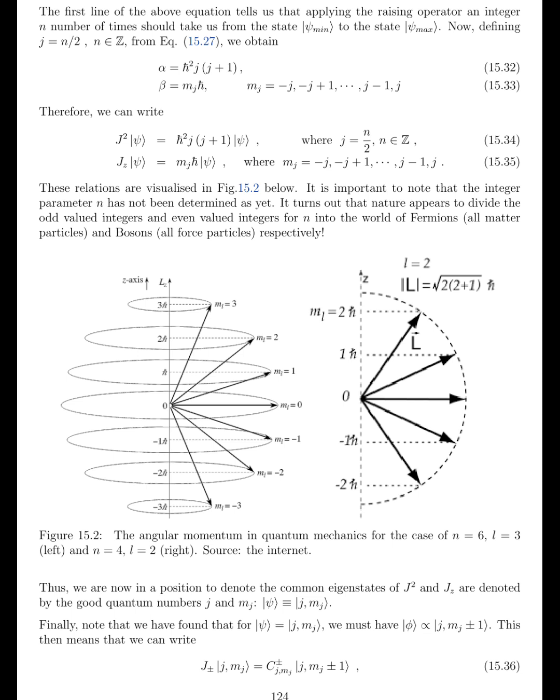So that extra factor is a sign again of the fact that something is different in the quantum world from the classical one. So we're close to our classical considerations, but not quite. Then this is the spectrum we've ended up with. J square acting on psi gives me h bar square times j into j plus 1 times psi, and Jz acting on this gives me m_j h bar, where m_j lies in this interval.